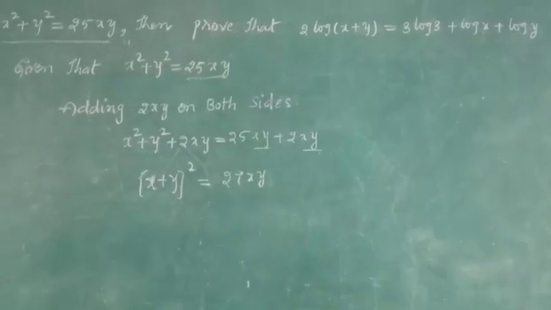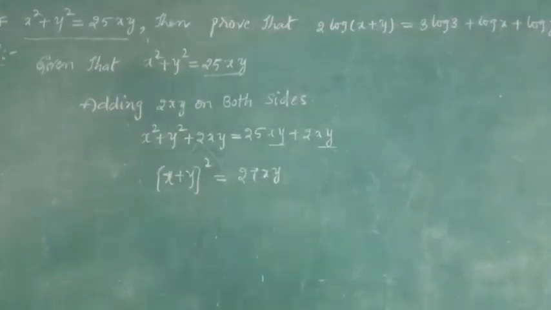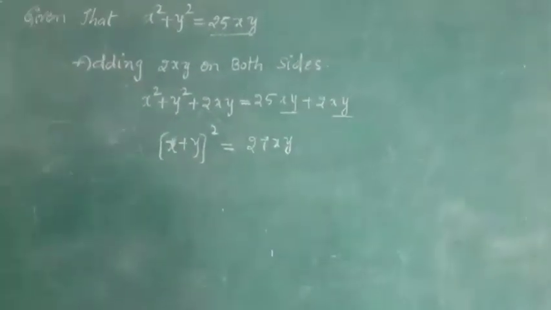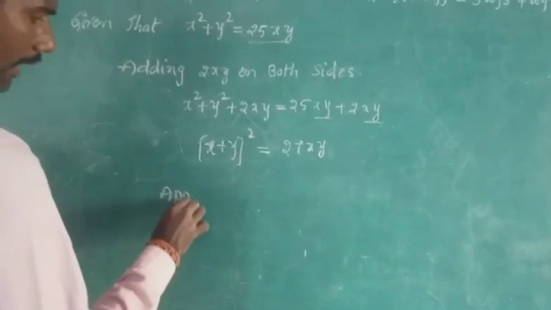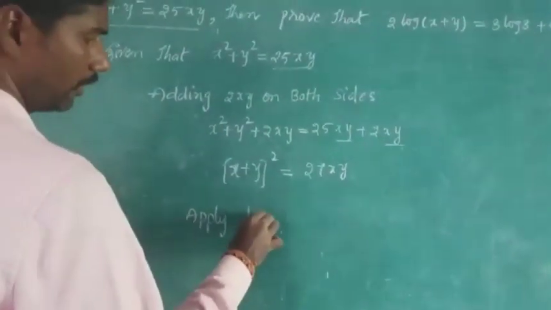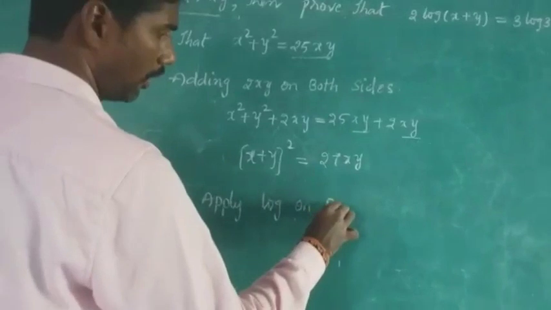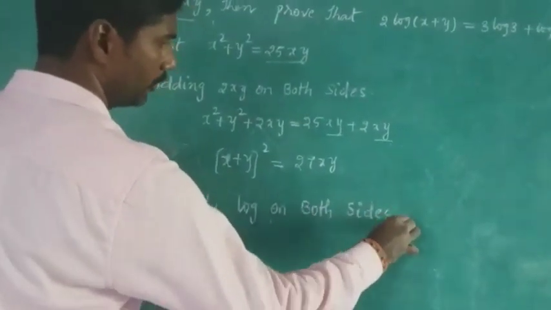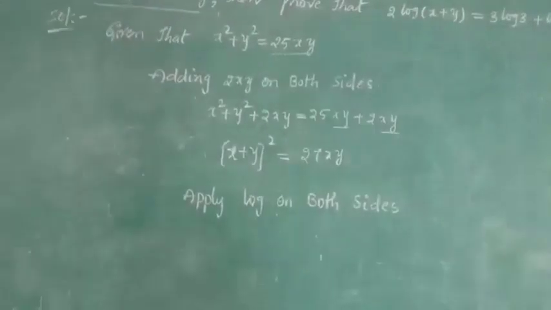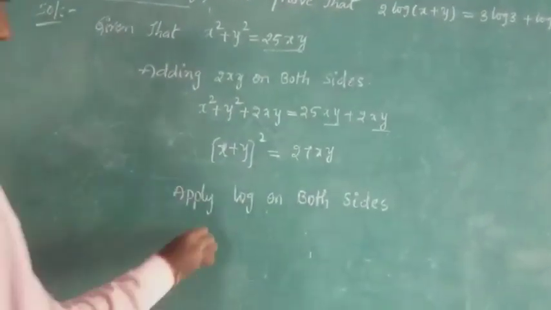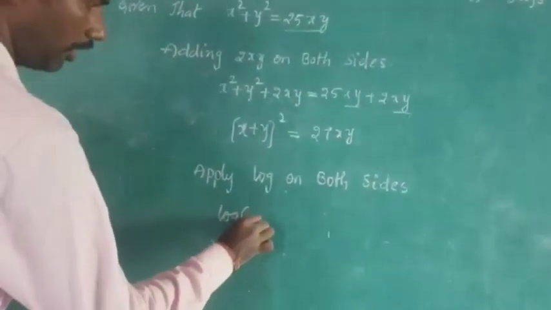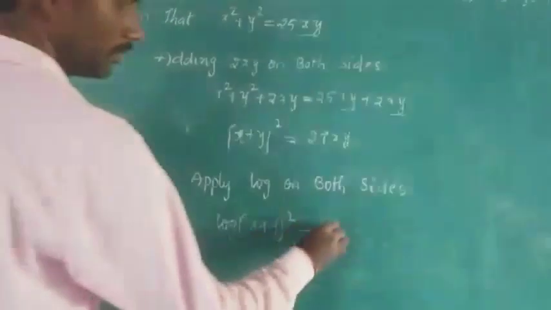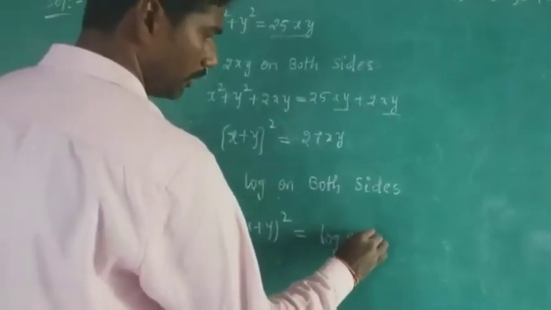So now what I am doing is, I am applying log on both sides. You need to apply log on both sides. So if you apply log on both sides, log of x plus y whole square is equal to log 27xy.